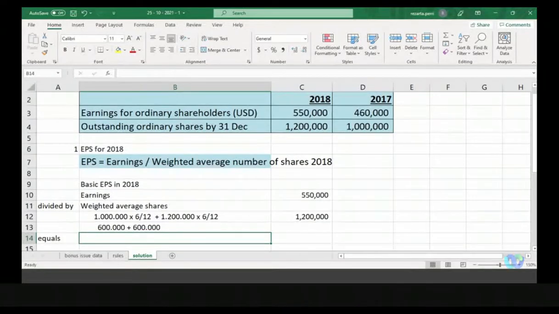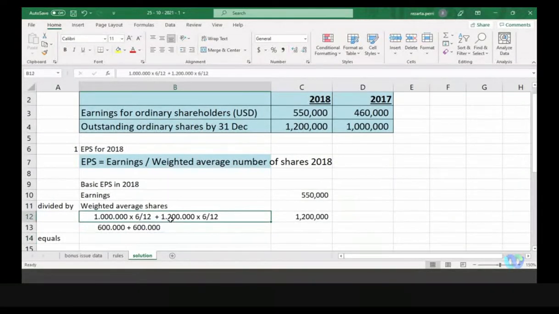In this case, the weighted average number of shares, according to the IAS 33 rules, would be equal to 1 million multiplied by the period of time they have been outstanding. That is, for 6 months, I used to have 1 million shares outstanding. Then, for the next 6 months of the year, when I issued 200,000 new shares, I will have 1,200,000 shares for 6 months.